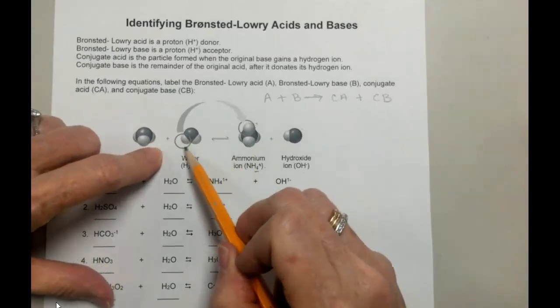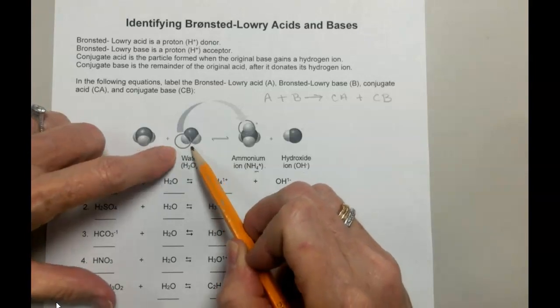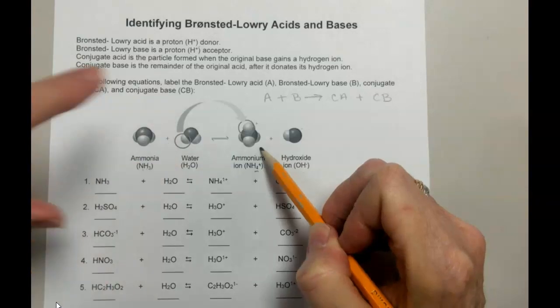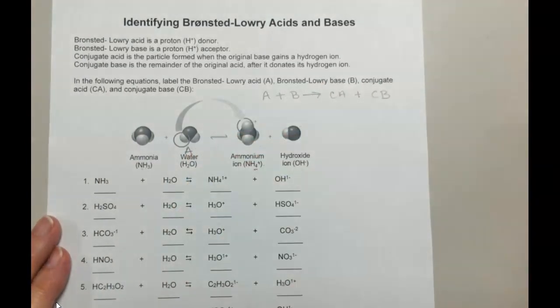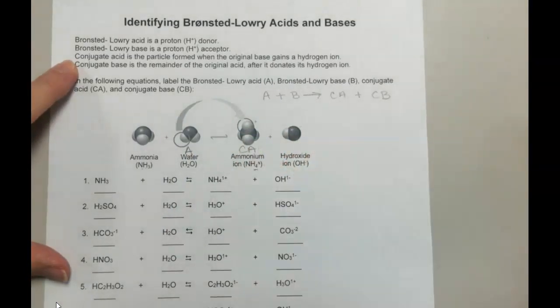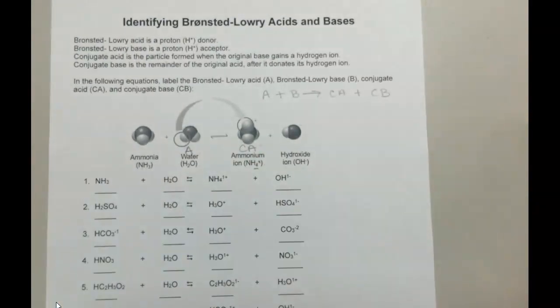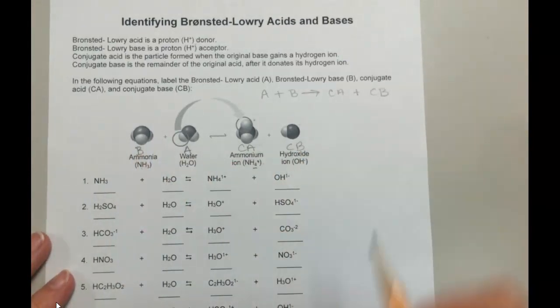You see the hydrogen on this water right here? That was taken off and it was given to this guy right here. So that means this water is the acid, and whoever he gave it to is the conjugate acid. Okay, so that's your job, to find the acid and the conjugate acid. That means this is automatically the base and the conjugate base.